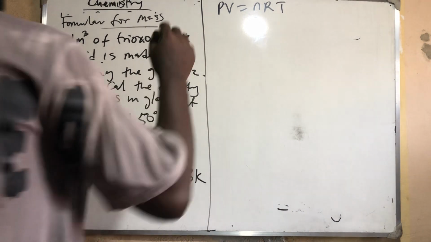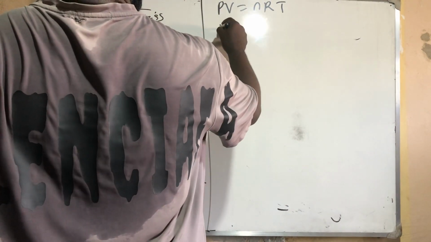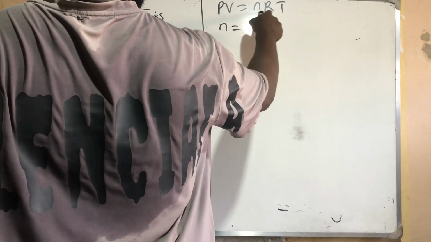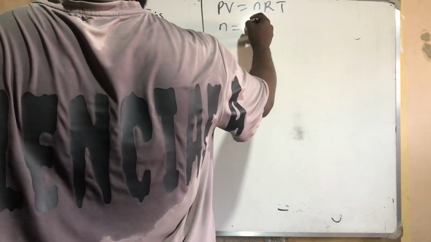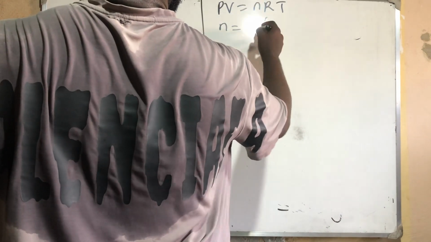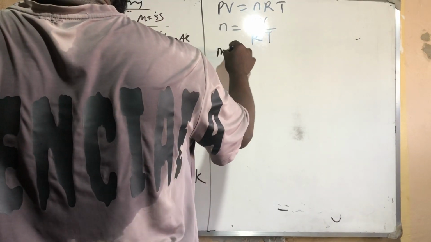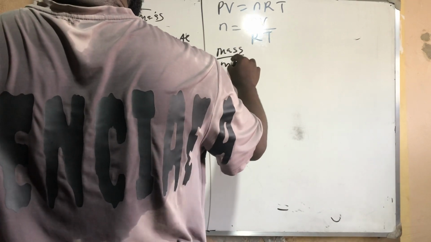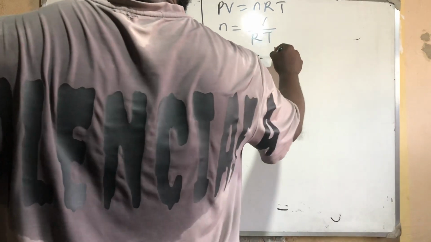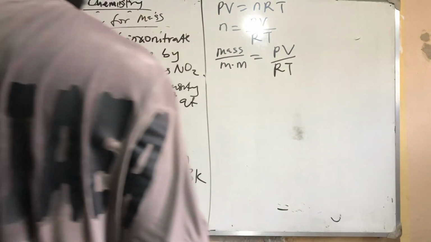But we know that the number of moles is equal to PV over RT, and the number of moles is mass over molar mass. So mass over molar mass is equal to PV over RT. They are asking us density.